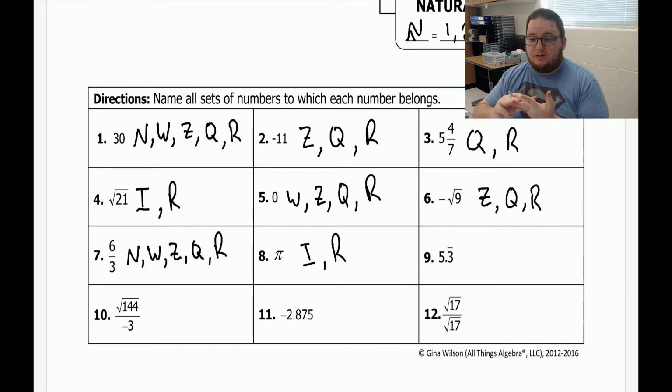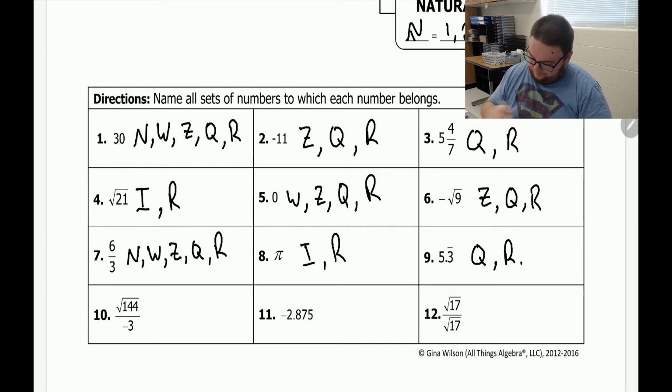So that throws that out because the 3 repeats. Well, rational numbers have decimals that end or have a repeated pattern. So it falls under the rational numbers. So number 9, we have rational, and if it's a part of the rationals, then it's part of the reals.